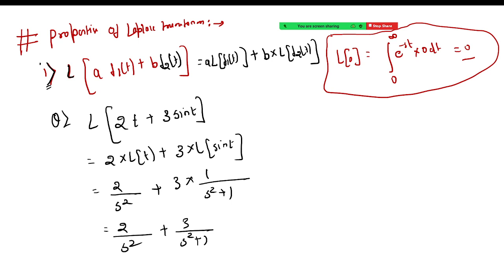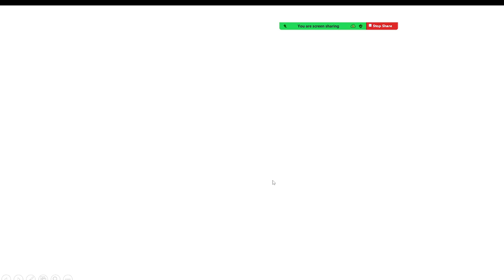Now, moving towards the next property of Laplace transform, and it's a very, very important property that will reduce your calculation time and calculation mistakes. That is the first shifting theorem.